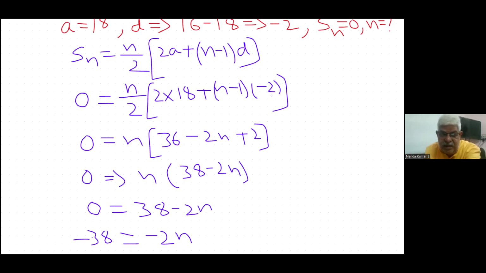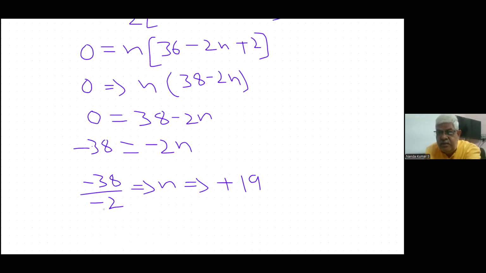Next I shifted n to the left hand side. It comes to the denominator. 0 by anything is also 0. Equals what is left: 36 plus 2 is 38 minus 2n. Now 38 you shift to the other side. Minus 38 divided by minus 2 gives you the number of terms as 19.